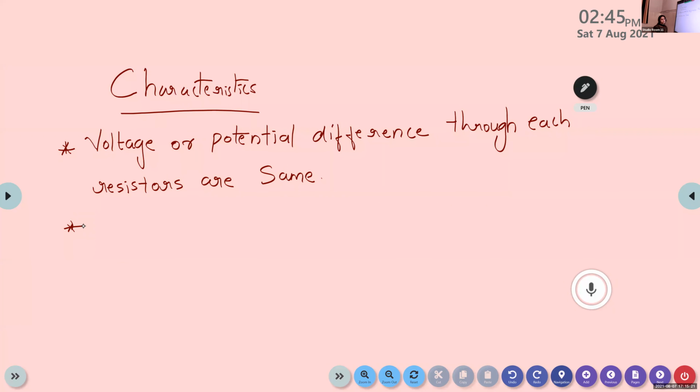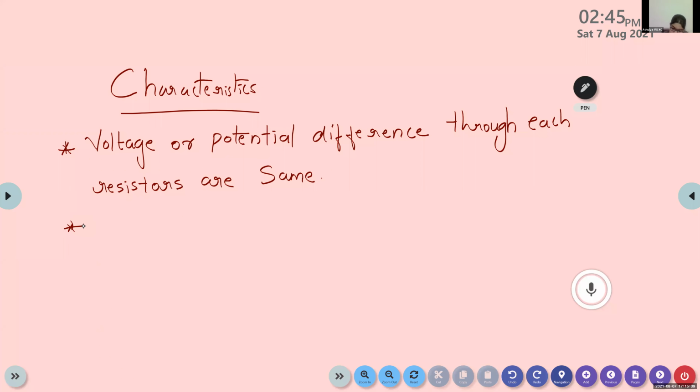Now, what about the current? In the case of a series combination, the value of the current is the same. But here in the parallel combination, the value of the current is different.